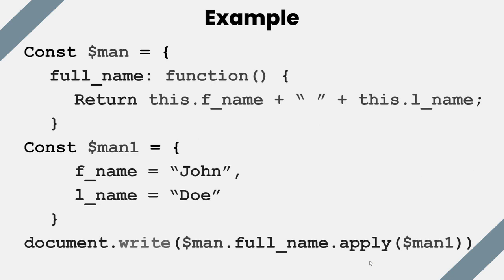Now, looking at this example, you will notice that it isn't very different from the example we saw under the call method. They are exactly the same thing. The only difference here is just that on this last line, we have dot apply instead of dot call. So you can see that here we have exactly the same syntax, except for the method itself.